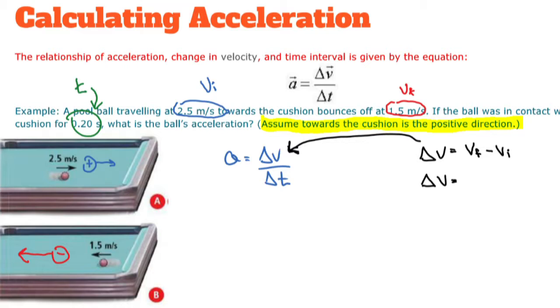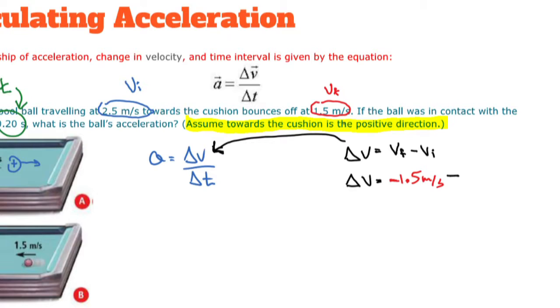All right, so our final velocity was 1.5 meters per second, and that final velocity is going to be negative because it was going to the left. And remember, all the negative indicates is that we have a different direction. Then we're going to subtract the initial velocity, the velocity that the ball started with, which was 2.5 meters per second.